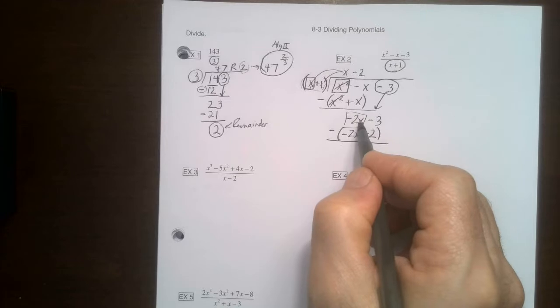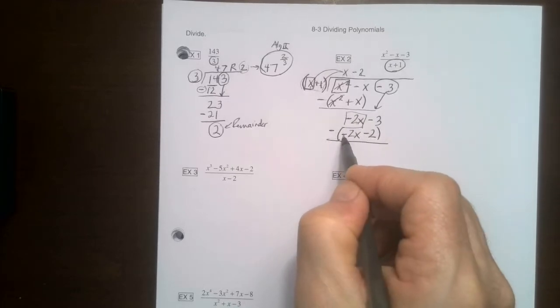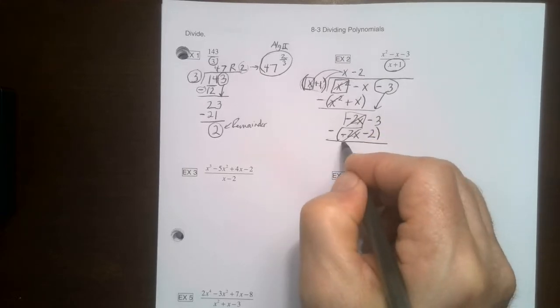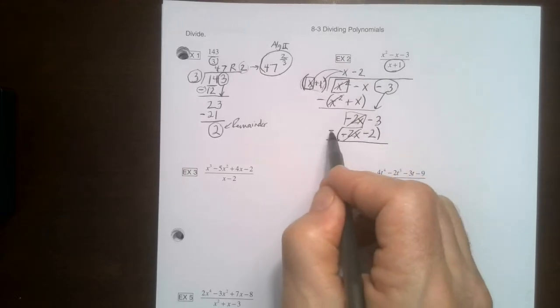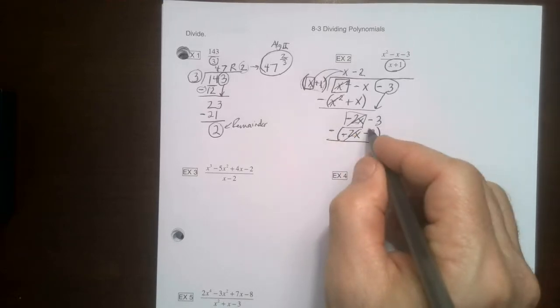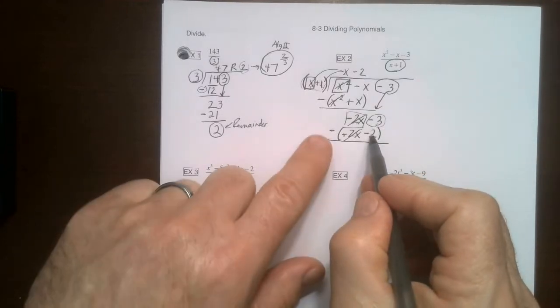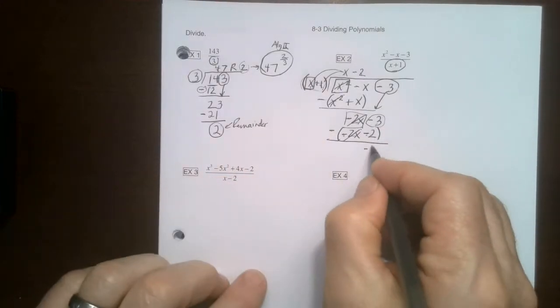So what's negative 2x squared? What's negative 2x minus a negative? Well, that's like plus, so these would cancel. But what's negative 3 plus 2? See, this can get a little bit wonky if you don't keep track of your negatives. So this is negative 3 plus 2, which is negative 1.